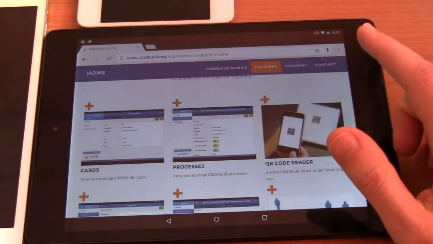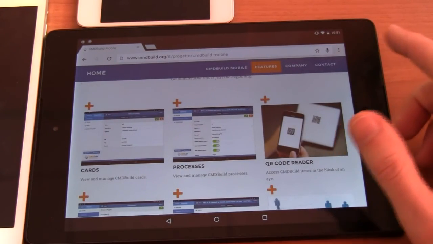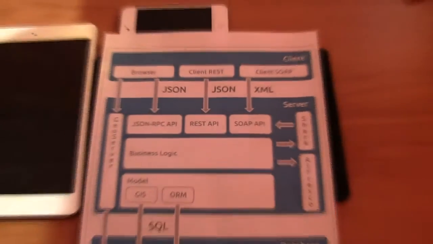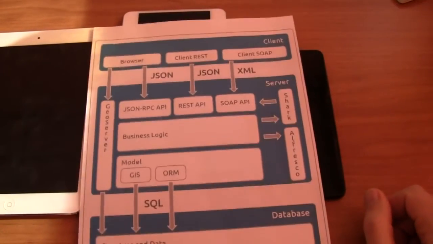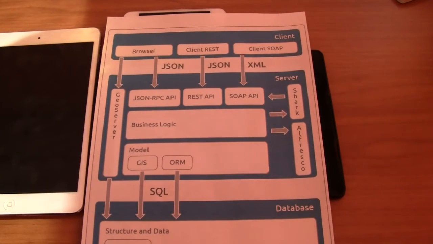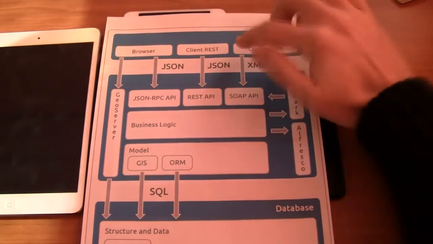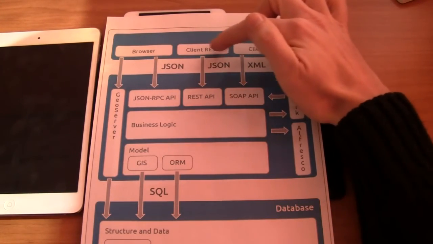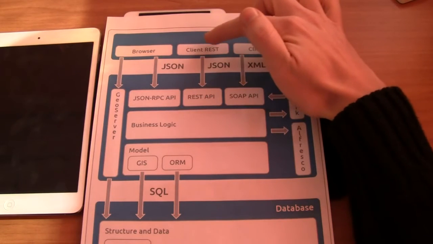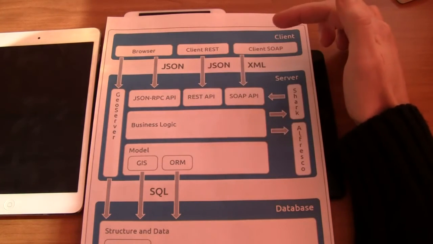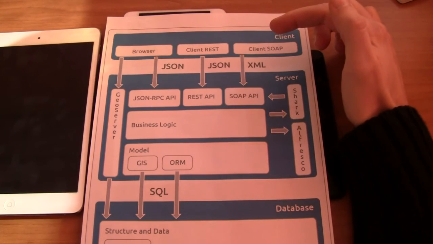Before looking at the application, I would like to spend a few words about this one. Just let me zoom out. This is the schema of the CMDBuild architecture. As you can see, we have a new guy here. This is the REST client. It's the mobile application that uses the new RESTful web services that are part of the latest CMDBuild version 2.3.